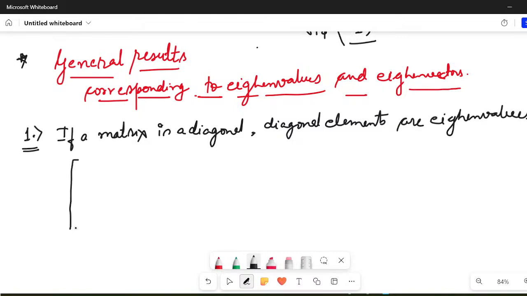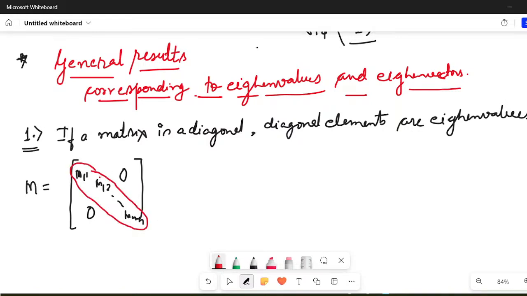For example, if the matrix is diagonal, all the off-diagonal elements are zero, and you will have the elements m11, m22, m33, up to mnn. Let's say this is your matrix M. All the eigenvalues are nothing but the diagonal elements of this matrix. So these are the eigenvalues.